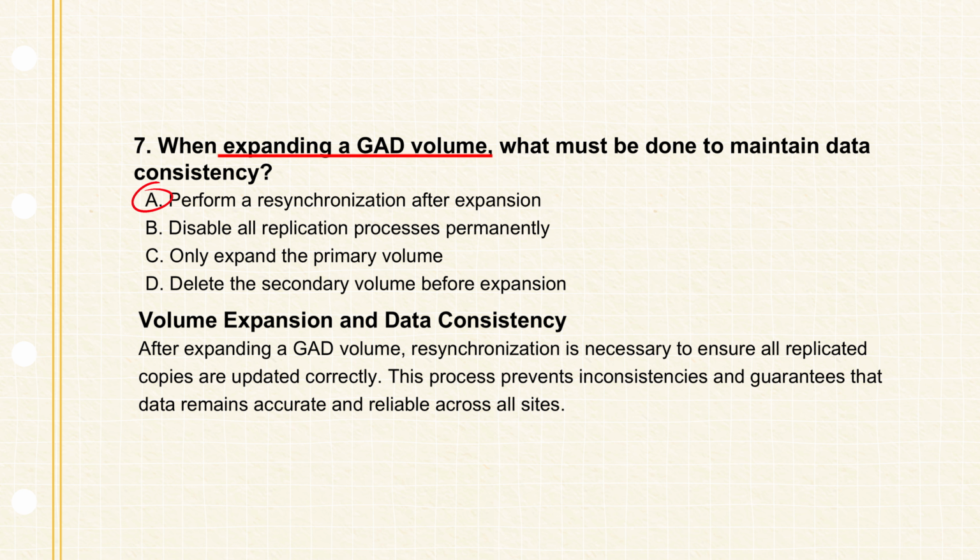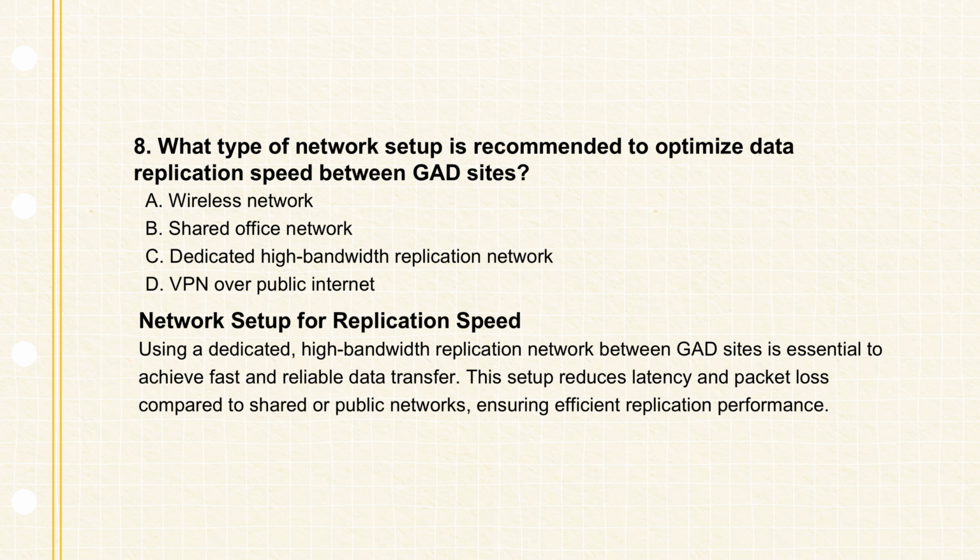Network setup, obviously super important for distributed systems like GAD. Question 8 from the source asks about the recommended network setup if you want to optimize GAD replication speed. What does it suggest? Well, no big surprise here, maybe, but to get the best performance, the best speed, and importantly, reliability for GAD replication, the source recommends setting up a dedicated high-bandwidth replication network between the sites.